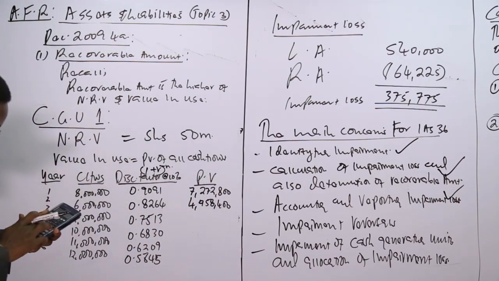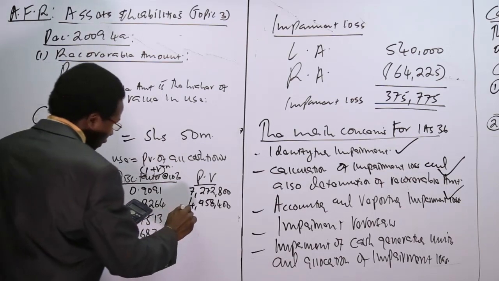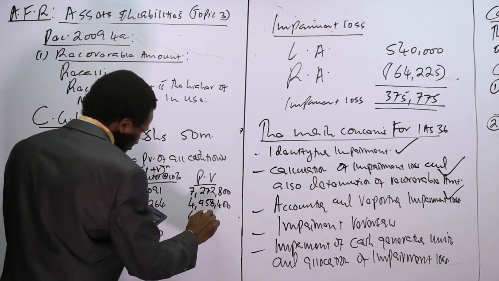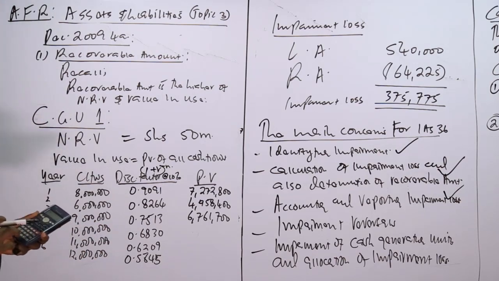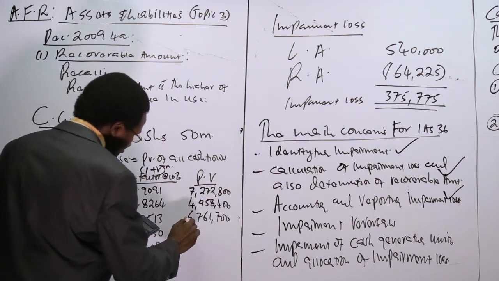Then we have 9 million by 0.7513, which gives 6,761,700. Then 10 million by 0.683.